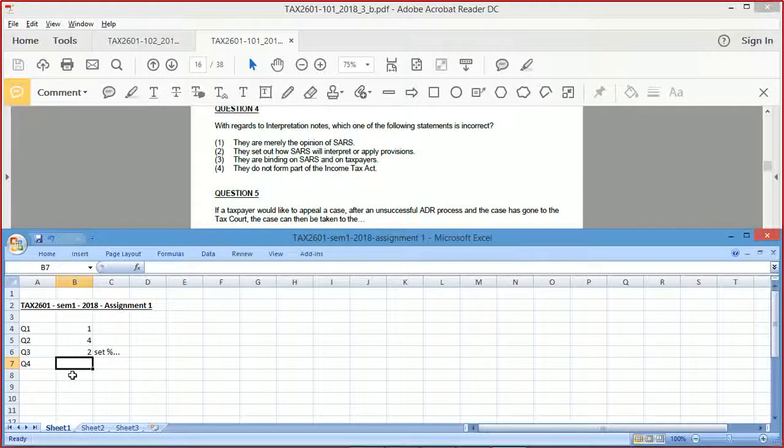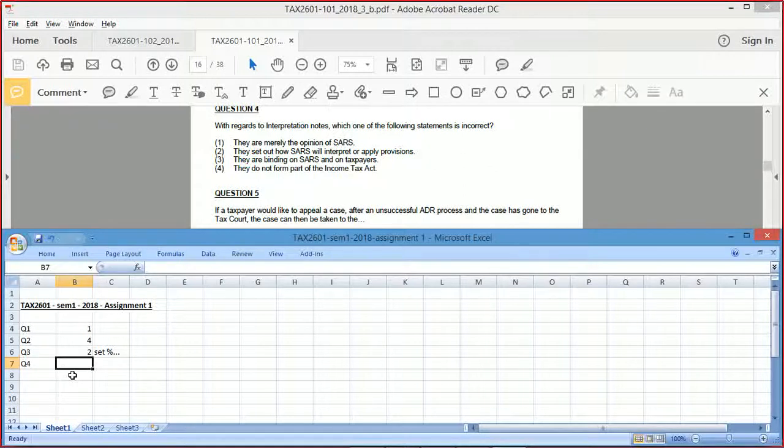So if SARS is going to mention something in terms of the rule of law, are they binding? Does it act as an opinion? Can you interpret it? Does it form part of the act? With regards to the practice notes, which statement is incorrect?